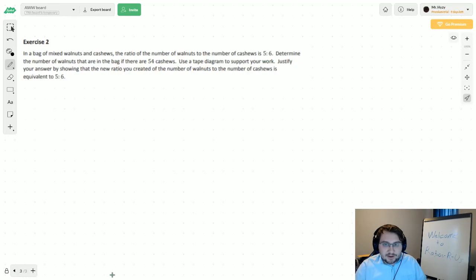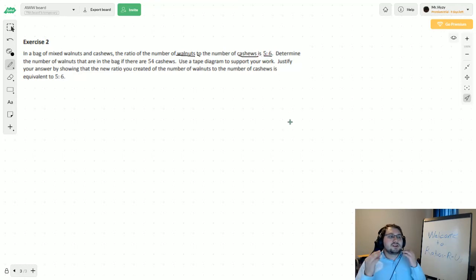When we move on, we're going to get into exercise 2. This is the last exercise we're going to be doing, because after this, I believe, is the problem set, and that is going to be what you are doing for homework. Exercise 2 reads, in a bag of mixed walnuts and cashews, the ratio of the number of walnuts to the number of cashews is 5 to 6.